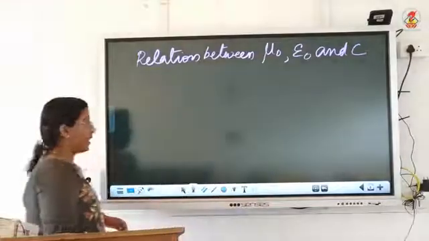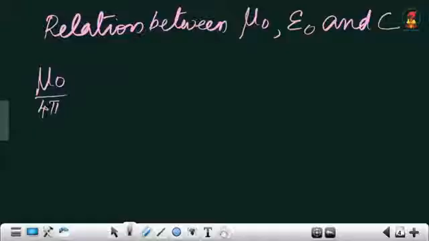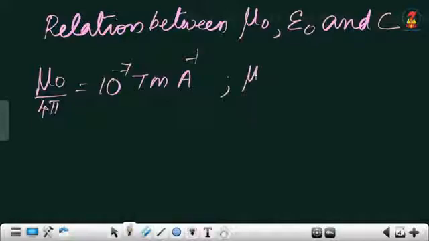We know that mu 0 by 4 pi is equal to 10 raised to minus 7 Tesla meter ampere raised to minus 1, so mu 0 is equal to 4 pi into 10 raised to minus 7.